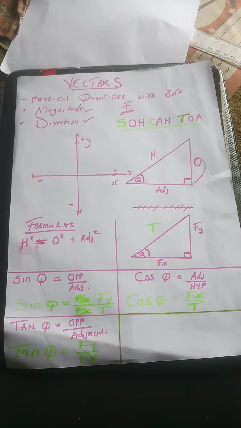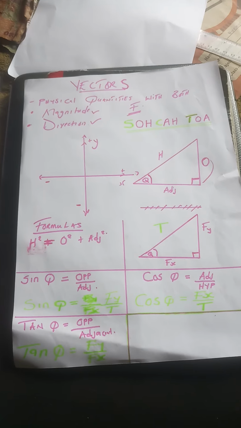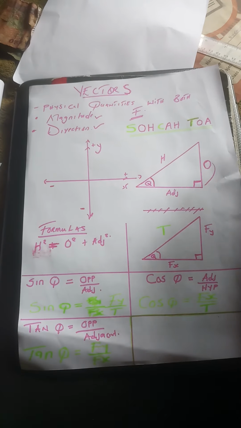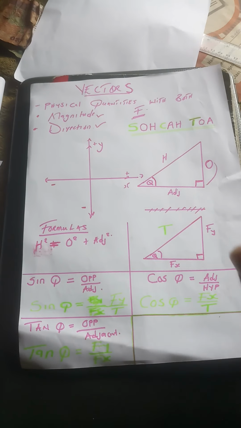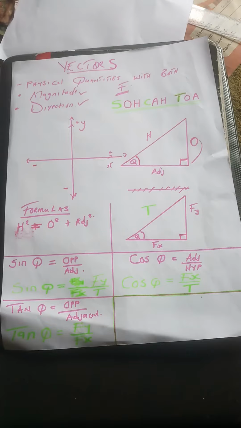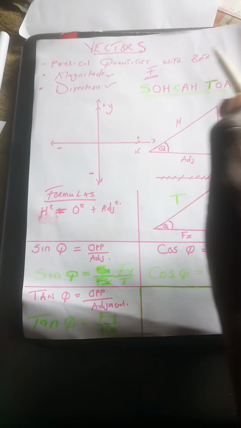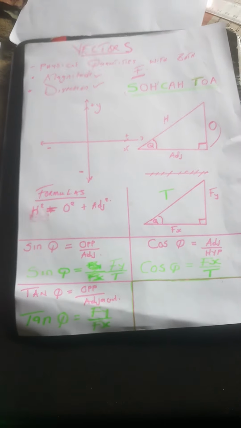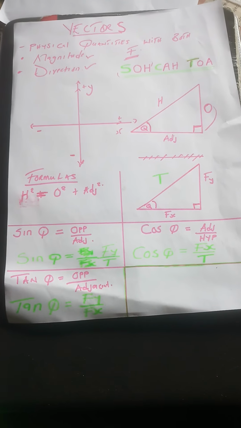So if you want to understand vectors and apply them in the right angled triangle, we first have to know what SOHCAHTOA is. SOHCAHTOA is cut into three: SOH means something, CAH means another thing, and TOA is also another thing.